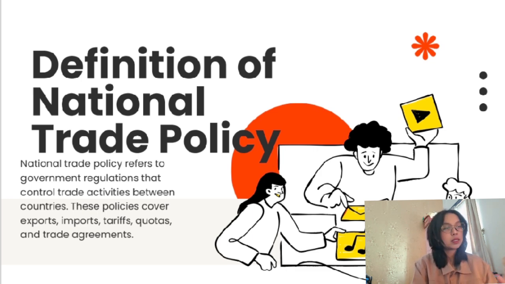Trade policies also affect domestic industries, consumers, and international business relations. For example, a country may reduce tariffs to encourage import or increase tariffs to protect local industry. Therefore, national trade policy plays a crucial role in balancing economic growth, competitiveness, and stability.